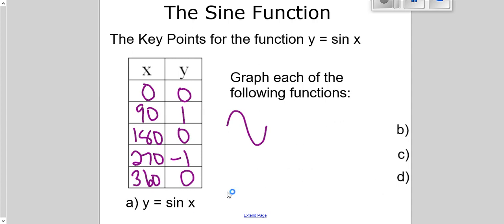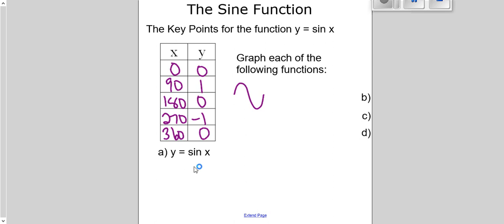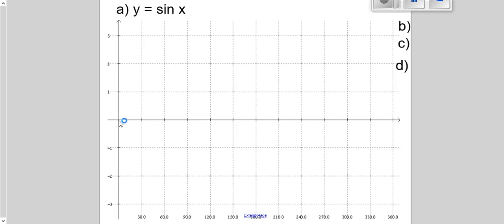So actually, I think I'll go below here. So y equals sine x is just here in purple. It's the table of values that I just created. So if I go to graph this on my graph, I am going to start at 0, 0, and then at 90 degrees, I'm at 1, and then at 180 degrees, I'm back to 0, and then at 270, I'm at -1, and then at 360, back to 0.